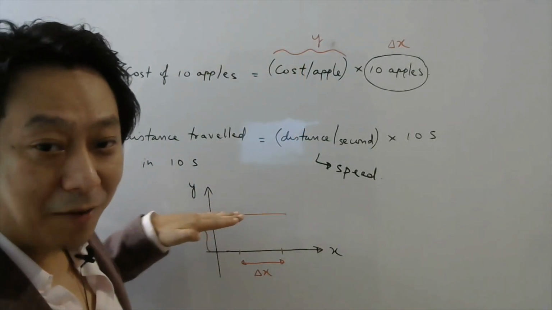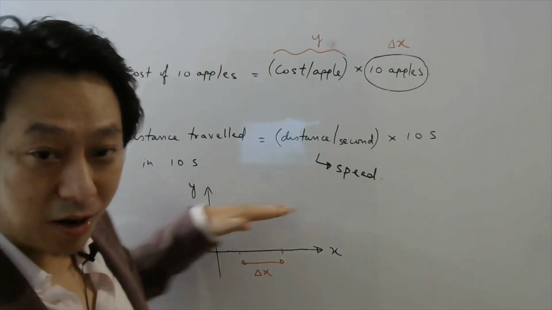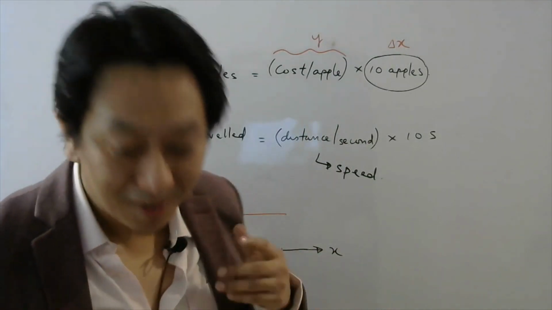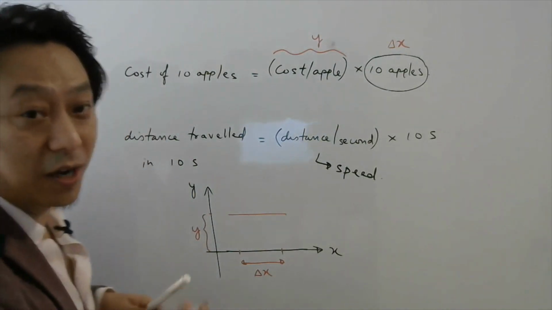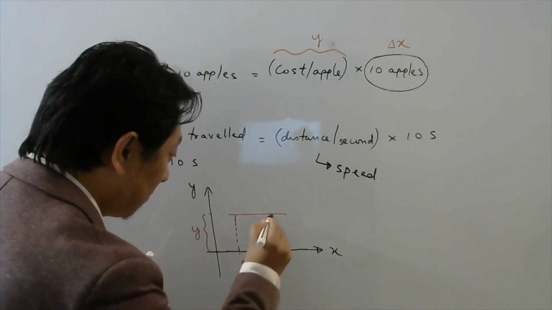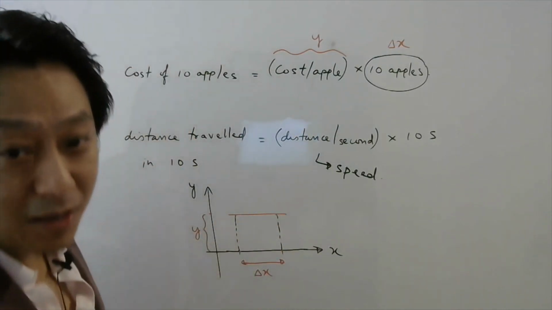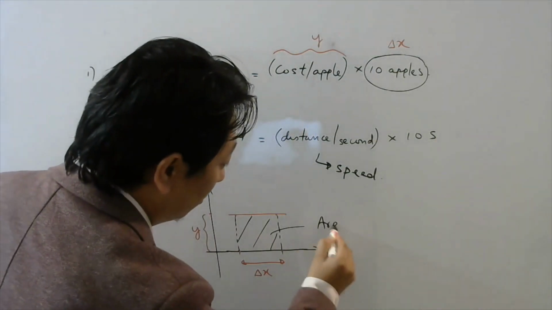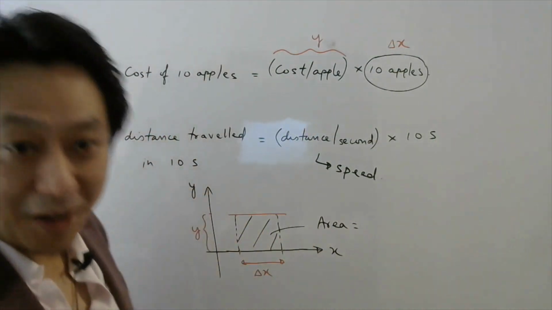So during this interval of x, your y should be constant. If I plot the graph of the function, it will look horizontal to the x-axis because your y should be constant. Now if you try to calculate the area under this graph by drawing these perpendiculars to the x-axis, I hope you all know that this looks like a rectangle, right?